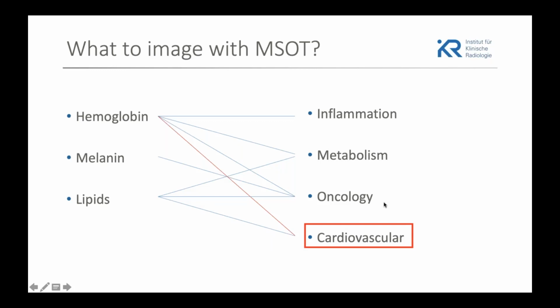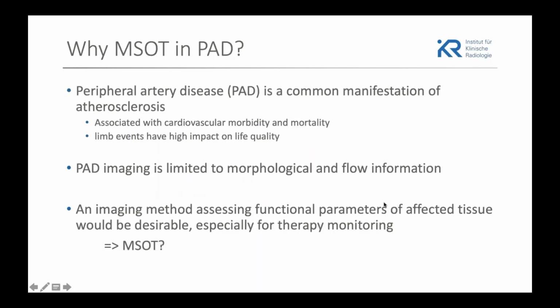So, if you think about hemoglobin in cardiovascular approaches, you might go first to more common diseases like peripheral artery disease instead of these more rare vascular malformations.